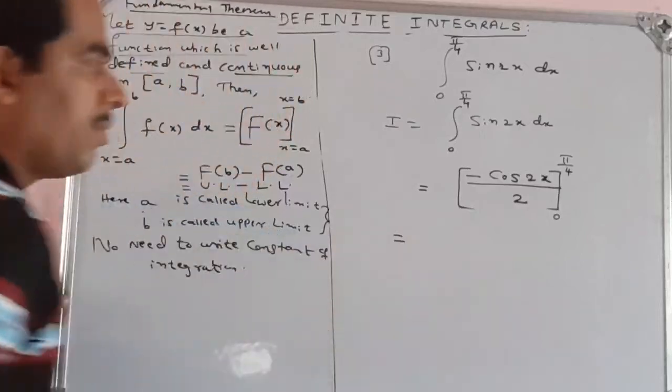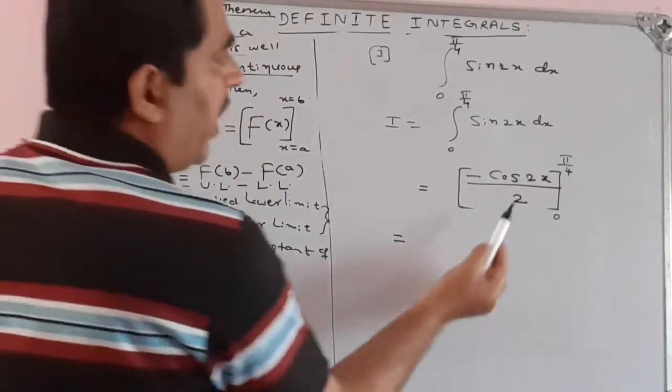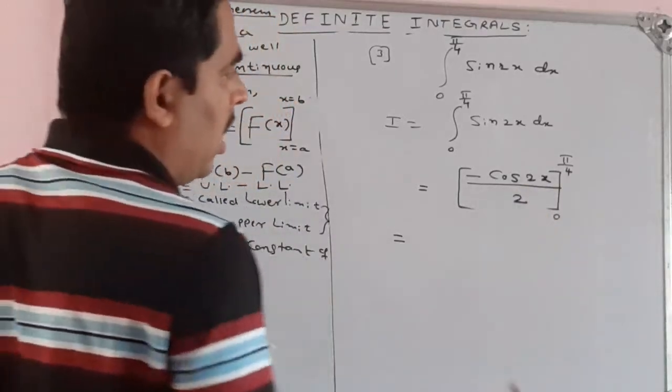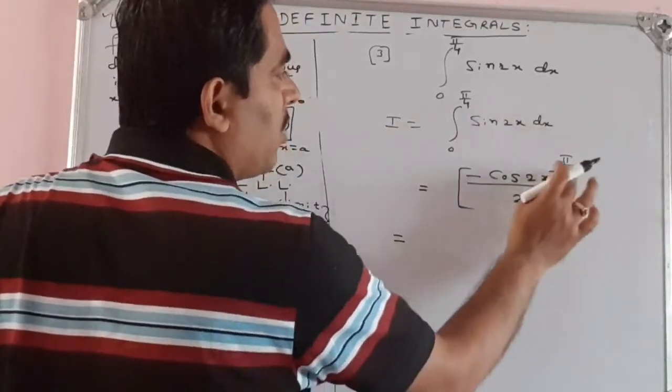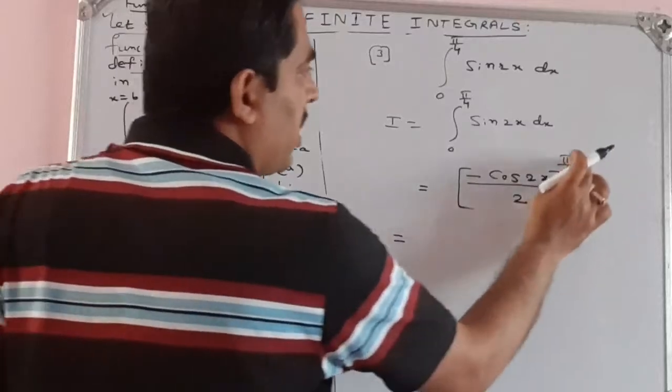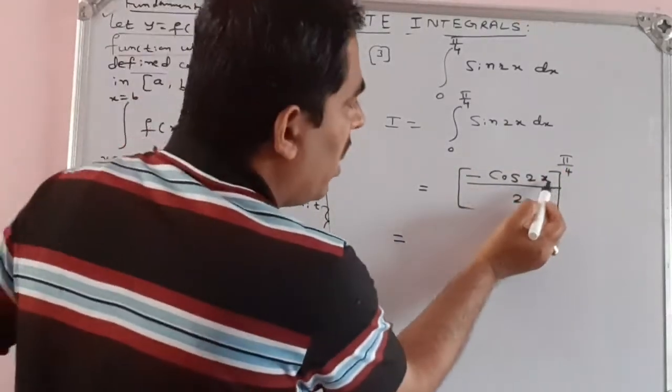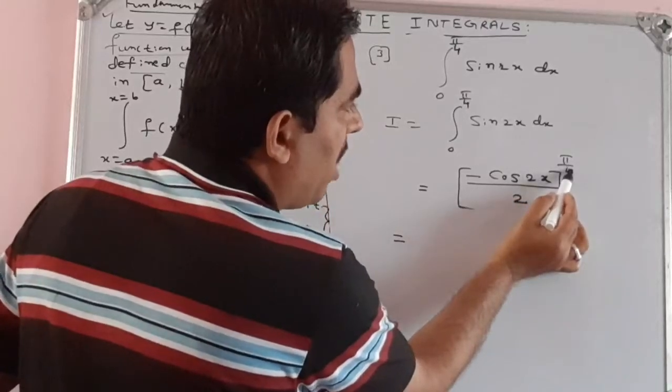Now observe carefully. We can take this 1 by 2 outside and afterwards apply the limits, or we can directly substitute the upper limit and lower limit. For the upper limit, in place of x, write pi by 4.